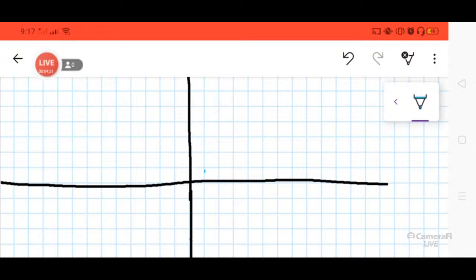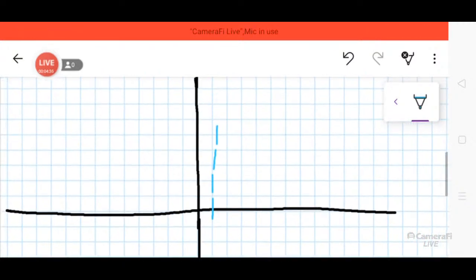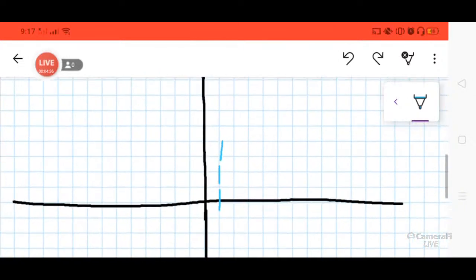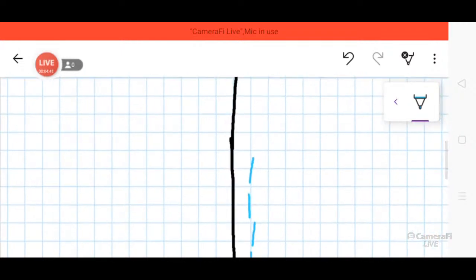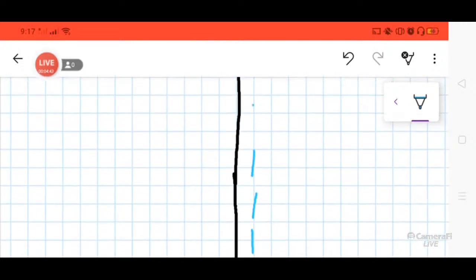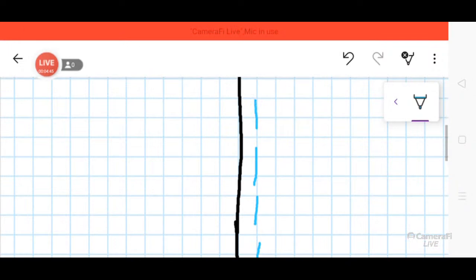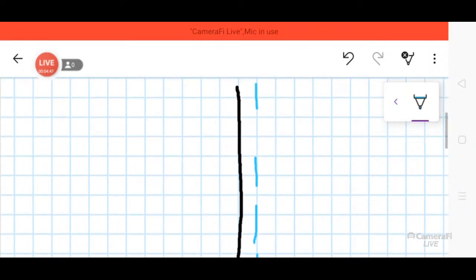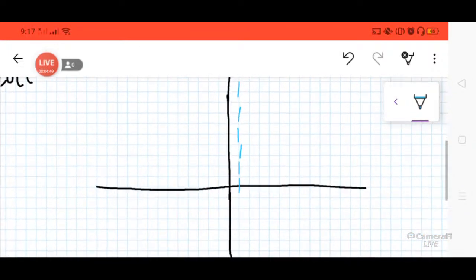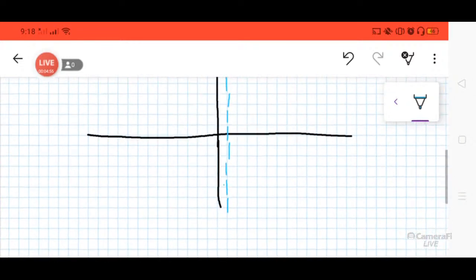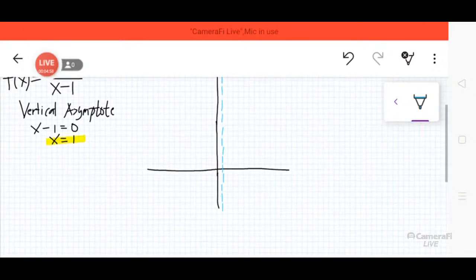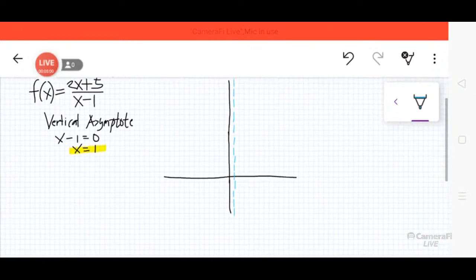It must be here, going downward. This is the dashed line, which means that it is not part of the solution. So we have already the vertical asymptote.